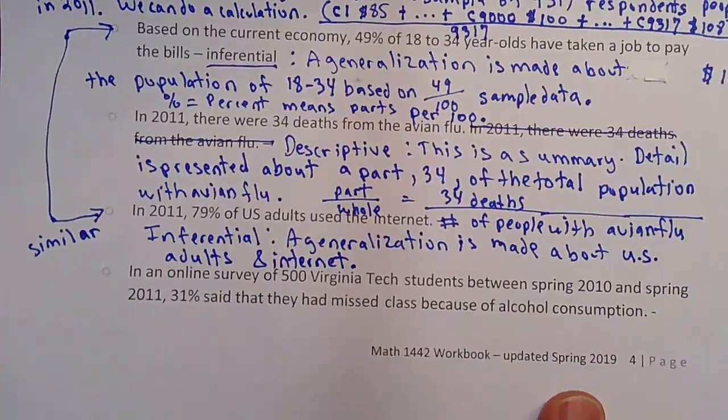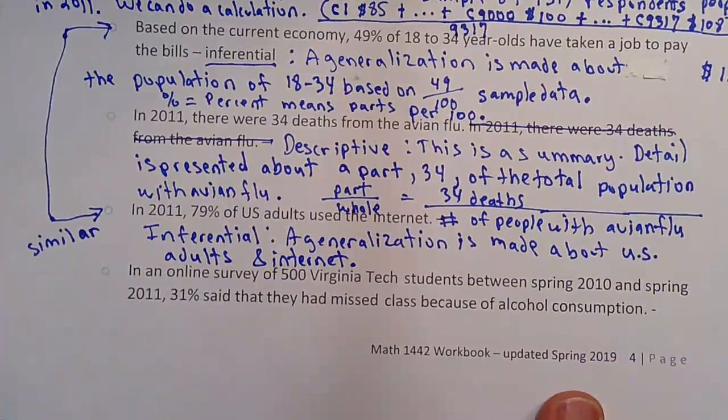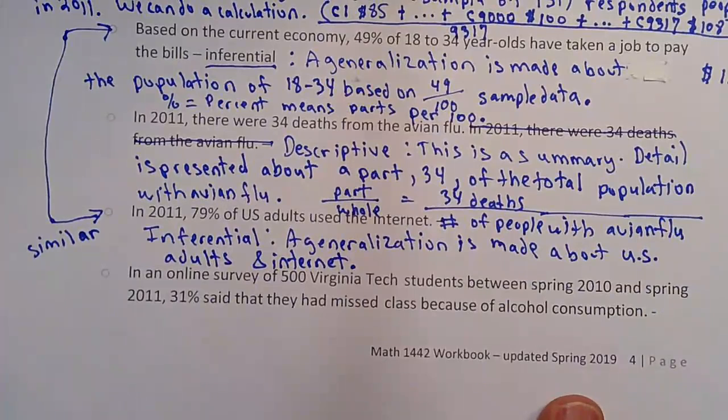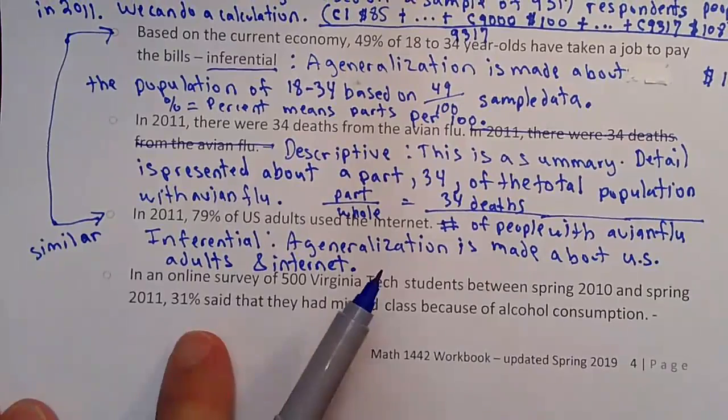Okay, and then this next problem says that in an online survey of 500 Virginia Tech students between the spring 2010 and the spring 2011, so that's a whole year, right, 31% said that they had missed class because of alcohol consumption. Now notice here, you have a little bit more information than just the percentage.